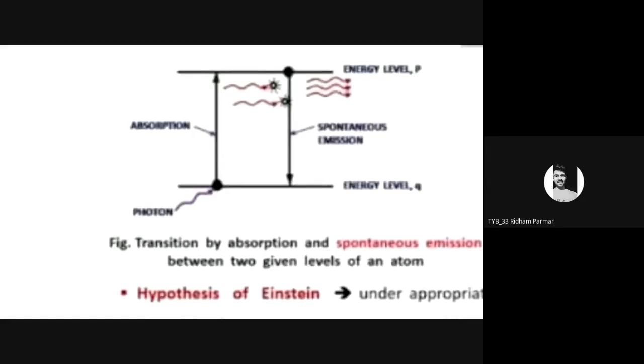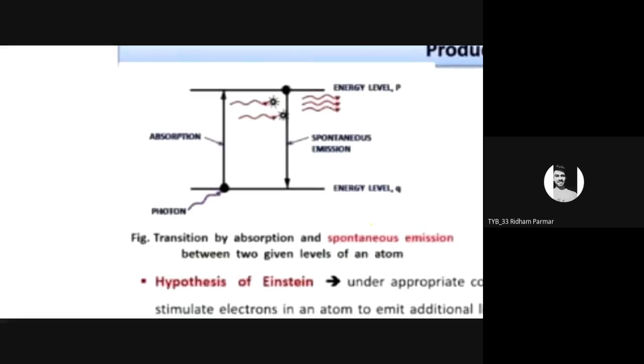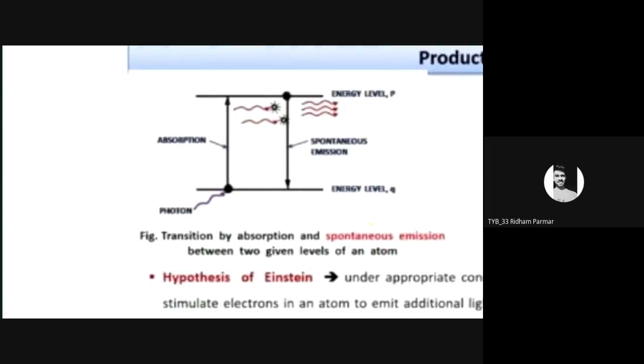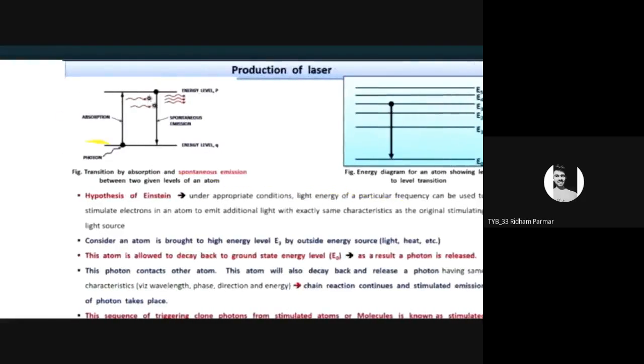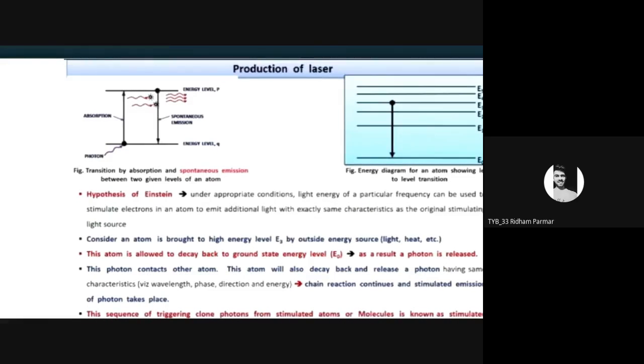This is your energy level, that is Q energy level, and the photon is falling on this atom. You can see here, I have shown that. So actually this photon is absorbed by that atom, correct?